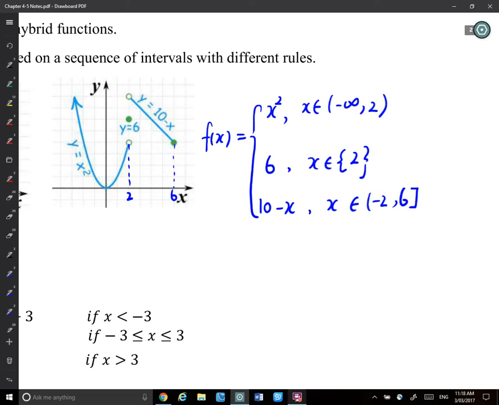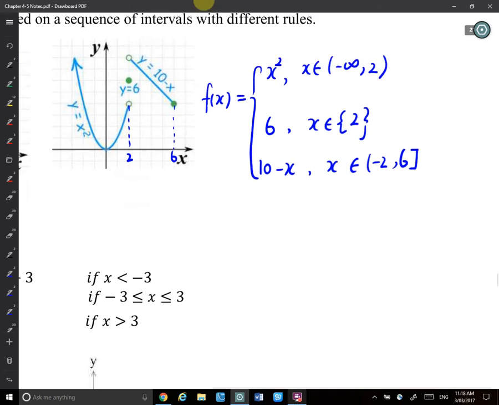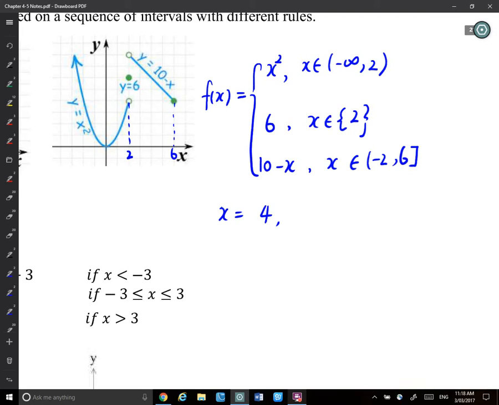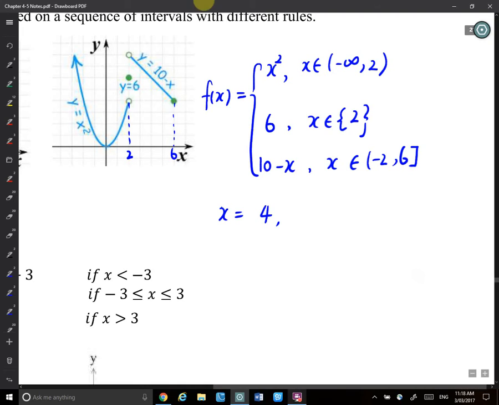We just did a test for Year 12 students at the beginning of the semester, and it surprised me. They were asked to find the y value when x equals 4, and actually about half of the students just put the 4 into all the functions. They wrote f(4) equals 16, 6, and 6.